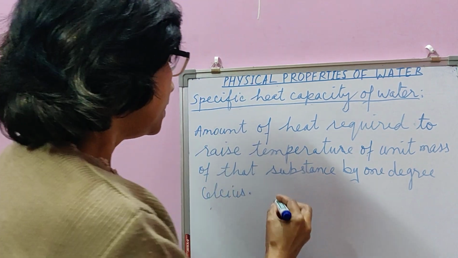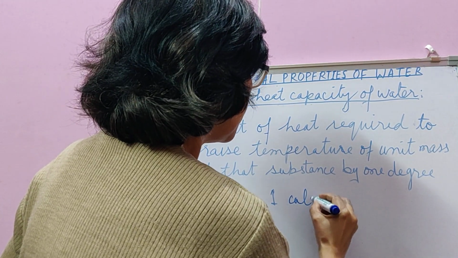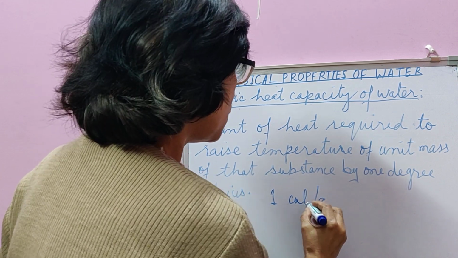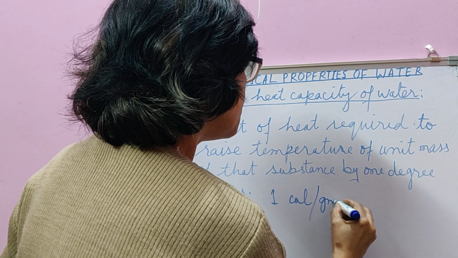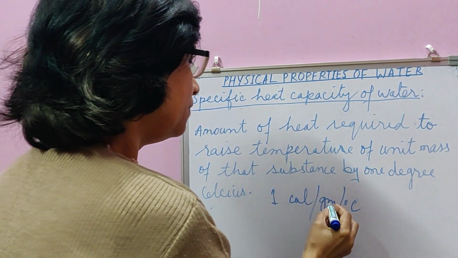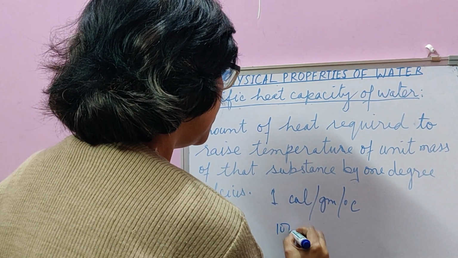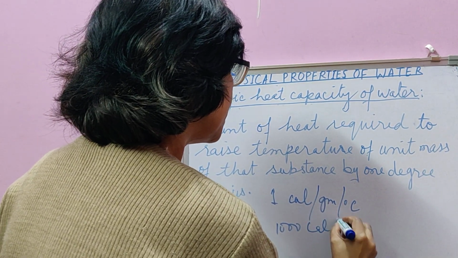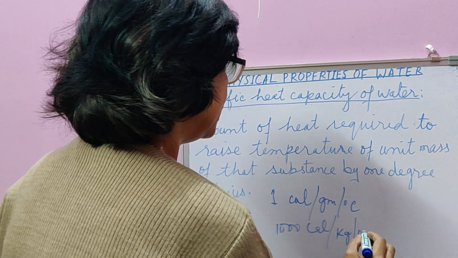For water, it is 1 calorie, short form of calorie is cal, calorie per gram per degree Celsius. If we don't want to take gram as the unit of mass, then it will be 1000 calorie per kilogram per degree Celsius.